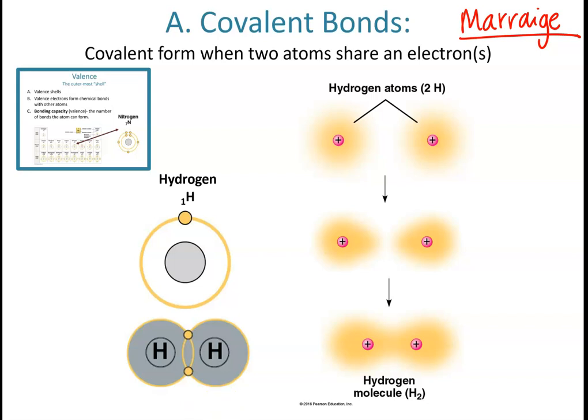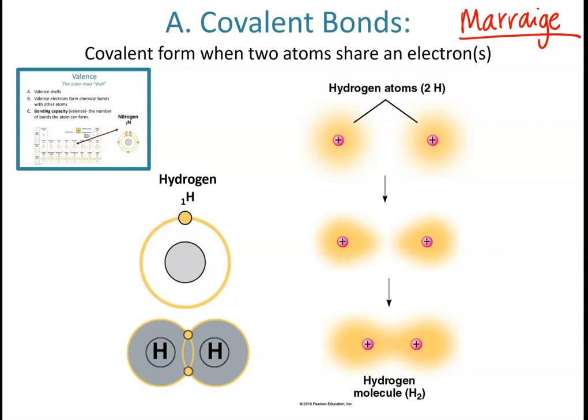Now, in the last video, I talked about valence. Remember, valence is the outermost shell. The valence shell is the outermost shell in an atom. And in that valence shell, you have unpaired electrons. And those electrons like to be in pairs. They like to be in a relationship.